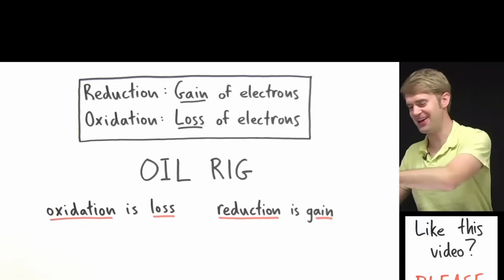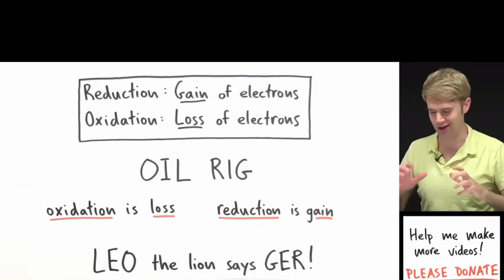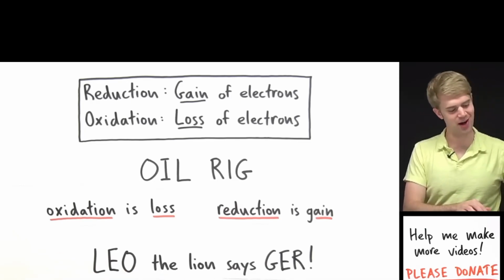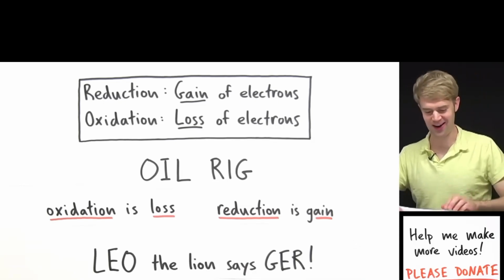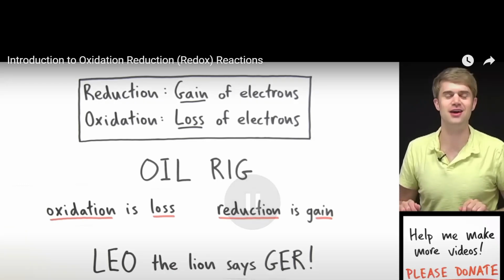Here's another one you might like if you like animals. Leo the lion says grr. LEO stands for loss of electrons is oxidation, and grr stands for gain of electrons is reduction. Okay, so we have oil rig, oxidation is loss, reduction is gain.